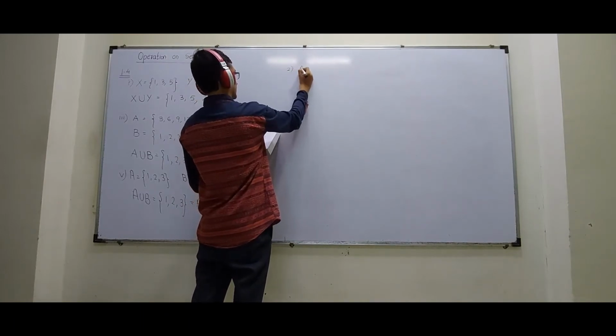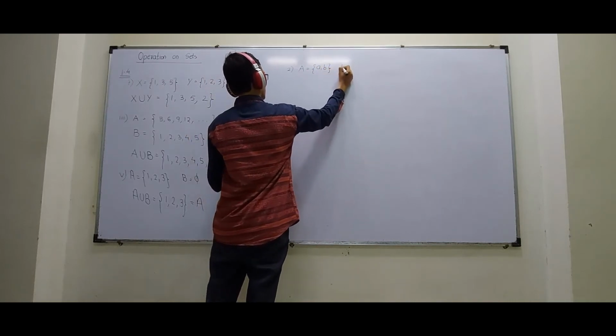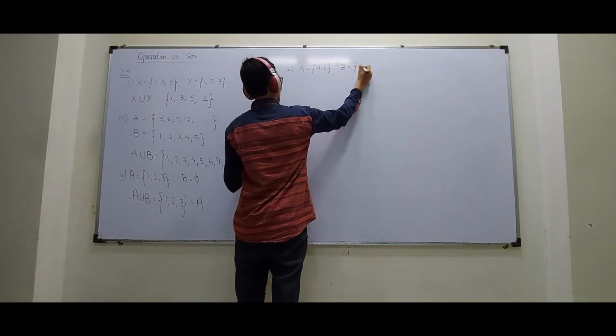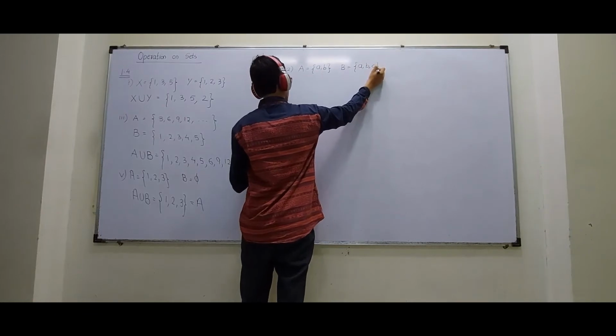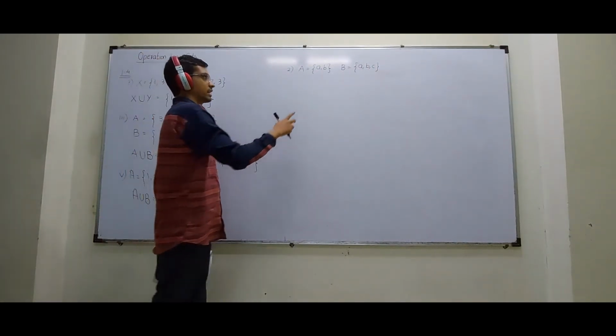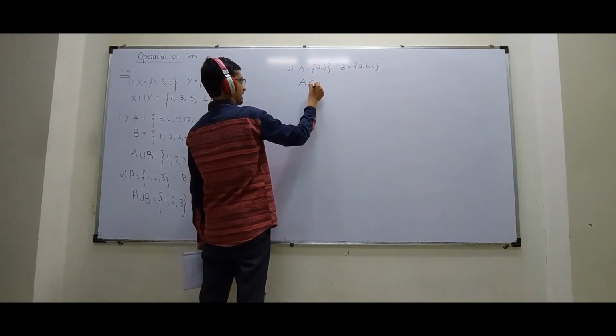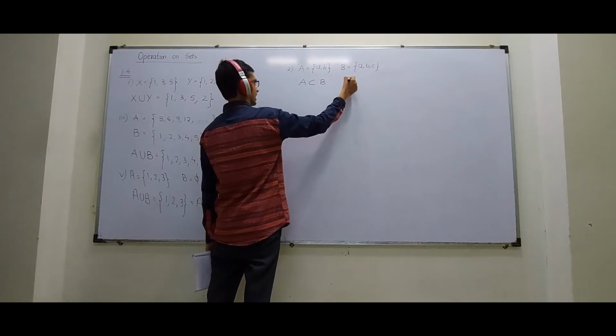Now question number 2. They have given A as {a, b}, B as {a, b, c}. You have to check, is A a subset of B? Can you say A is a subset of B? Yes, A is a subset of B. Correct.